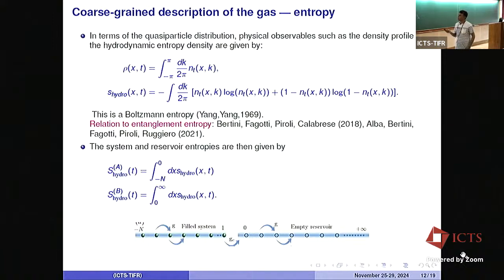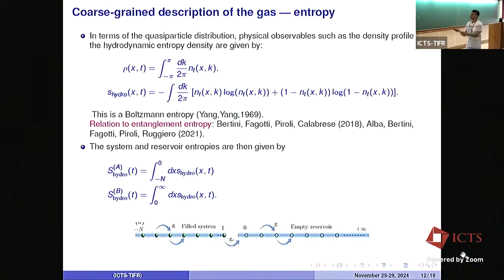This was actually defined by Yang. It's also called the Yang-Yang entropy, and it's basically a Boltzmann entropy. It was proposed in various papers that this captures the entanglement entropy, and there are some arguments why. So this is the local entropy, but if you integrate it over some volume, it gives the entanglement entropy of that volume.